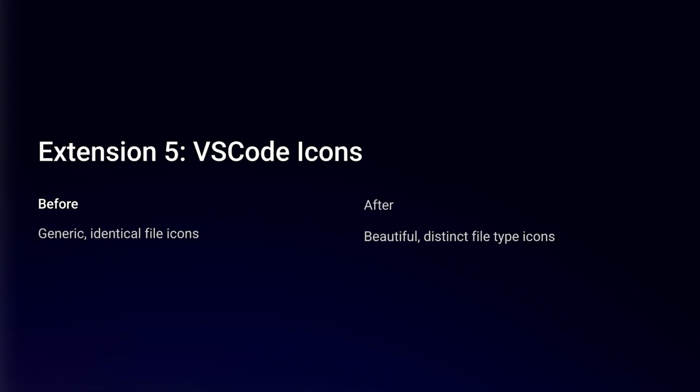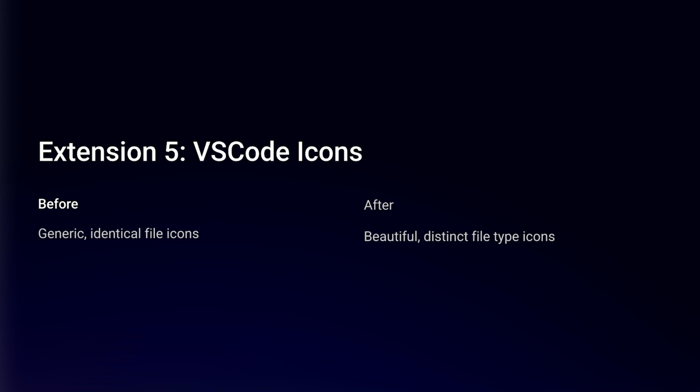Last but not least, let's talk about VS Code Icons. By default, VS Code uses pretty generic icons for your files. While functional, they don't really help you quickly identify what type of file you are looking at. VS Code Icons adds beautiful, recognizable icons next to your files and folders in the sidebar.